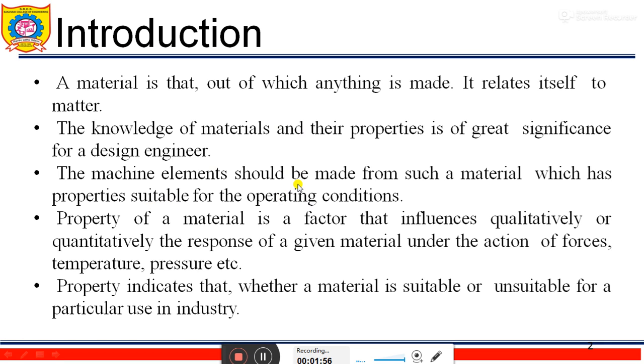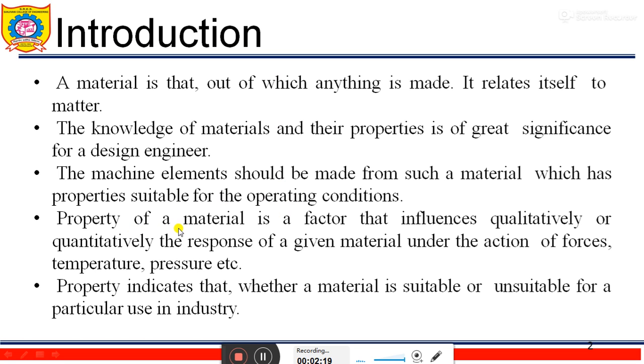For example, if a certain material has to withstand high temperature in its application, for example furnace material, it should be made of a material which can withstand temperatures of more than 1500 degrees.